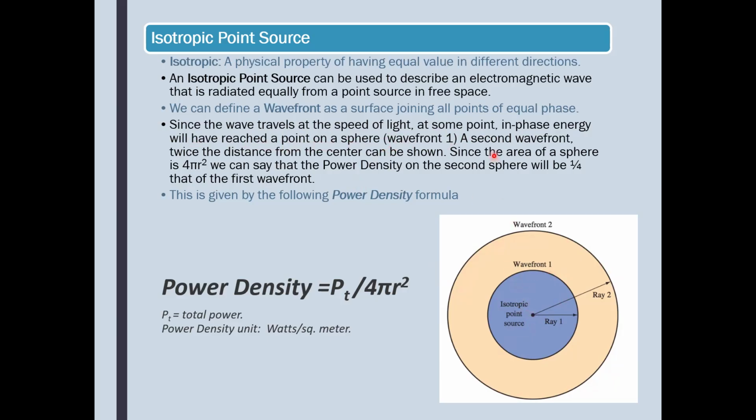Boom. A second wavefront, twice the distance from the center, can be shown.